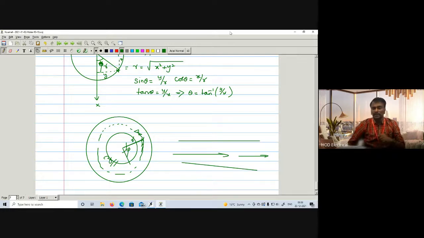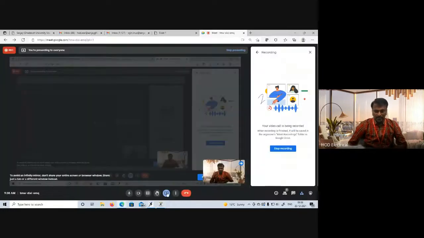I hope this topic is understandable. I think you can understand the basics of the cylindrical coordinate system, and why we need to go for it. In the next class, I will explain how one can convert Cartesian to cylindrical coordinate system in three dimensions.